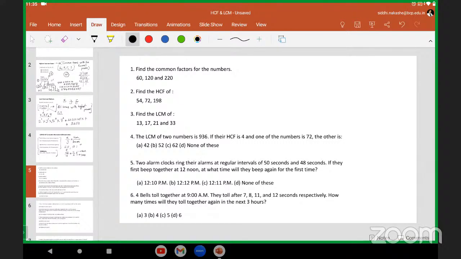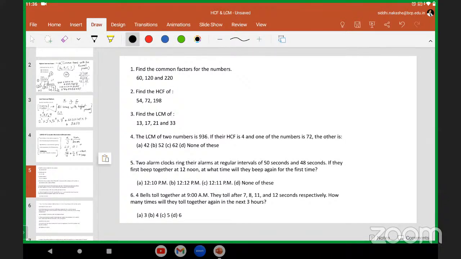First do the factorization and see what the common terms are.